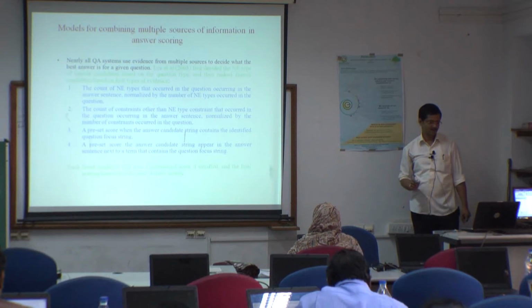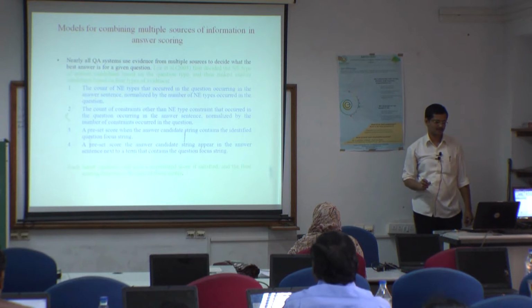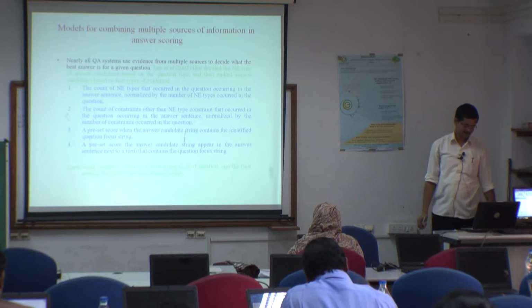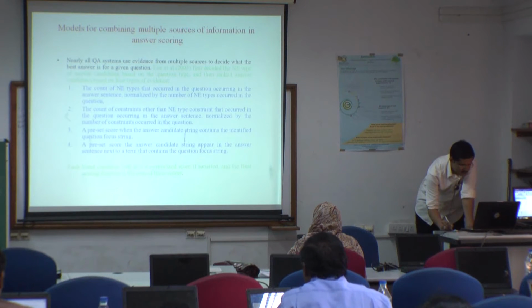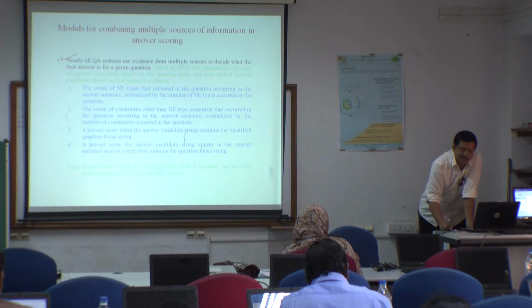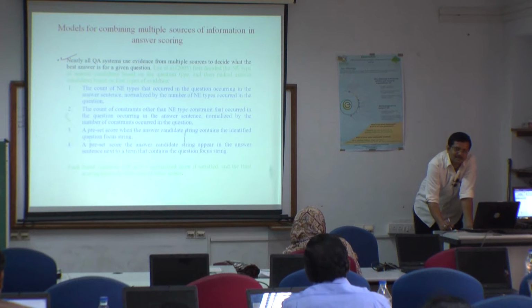Now some models combine multiple sources of information in answer scoring. I already discussed that most question answering systems just provide a ranked list of answers for any given question.